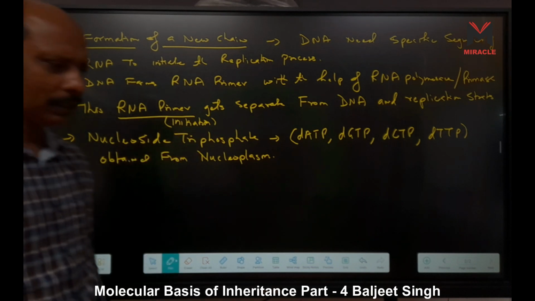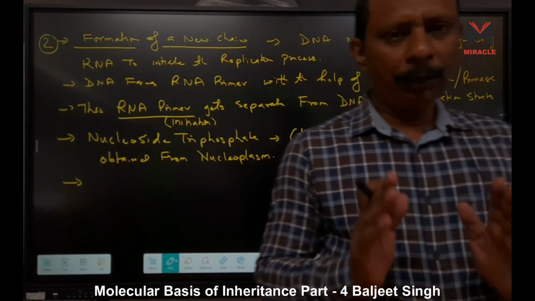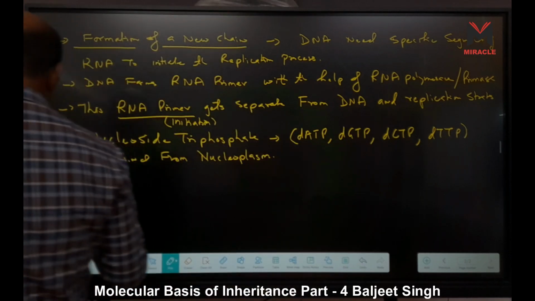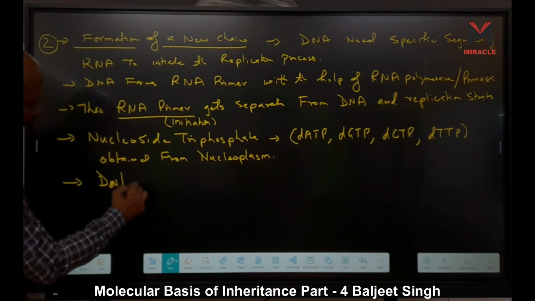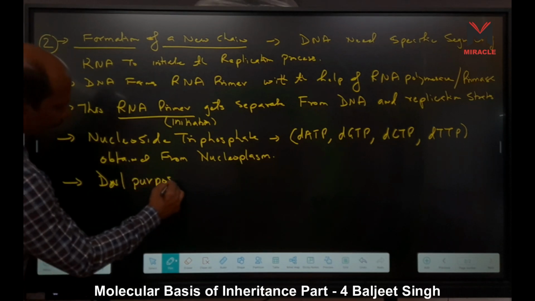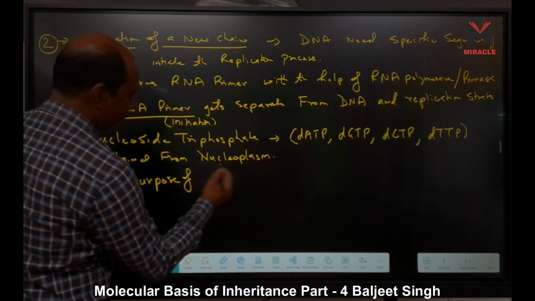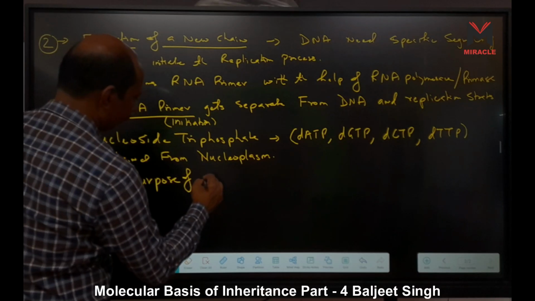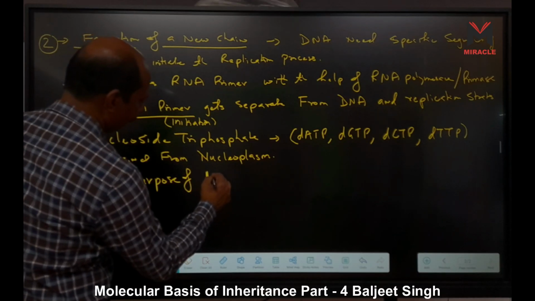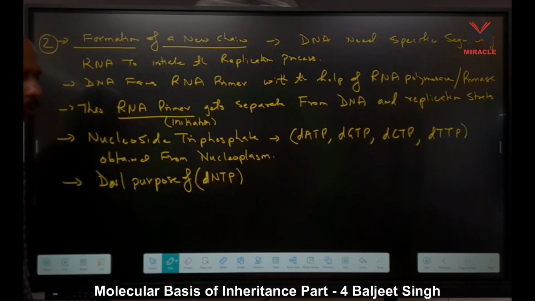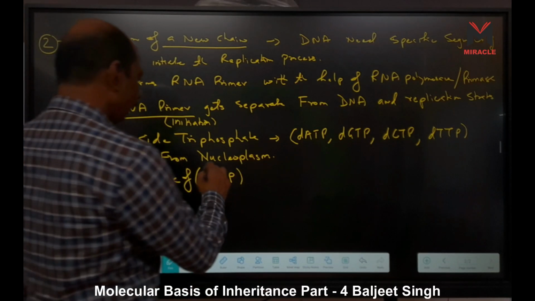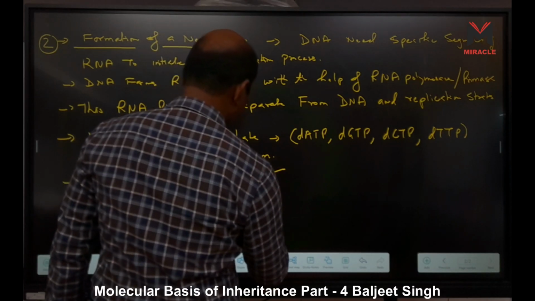These triphosphates have a double purpose, they have two functions. What is the double purpose of that one? Our dNTP. You know dNTP means what? Deoxynucleoside triphosphate. The double function is first and second.